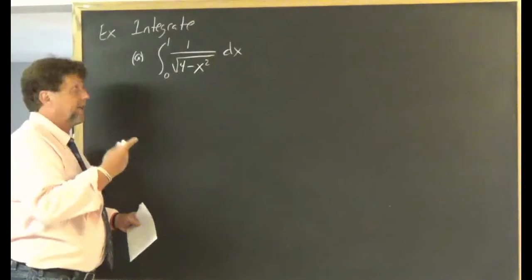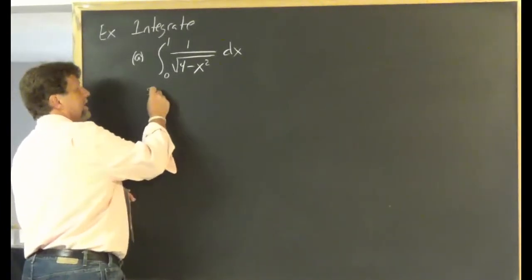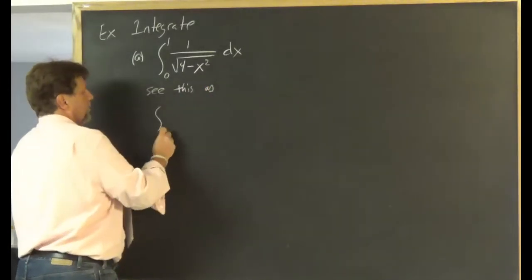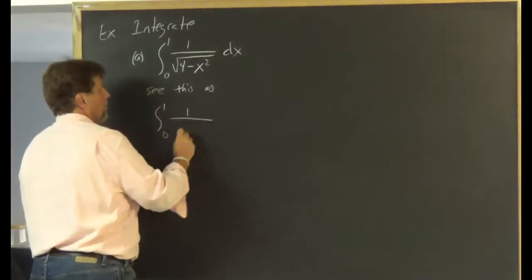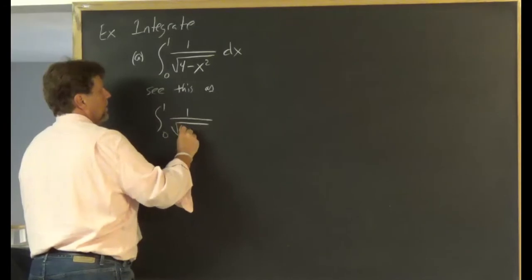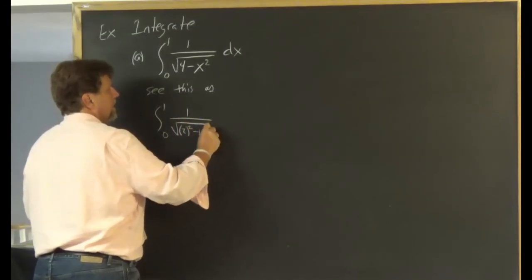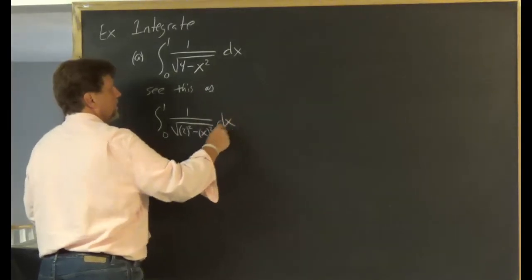So when I see this integral, I really see this as the integral from 0 to 1 over the square root of 2 squared minus x squared.